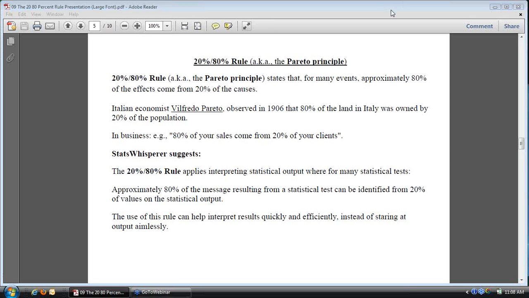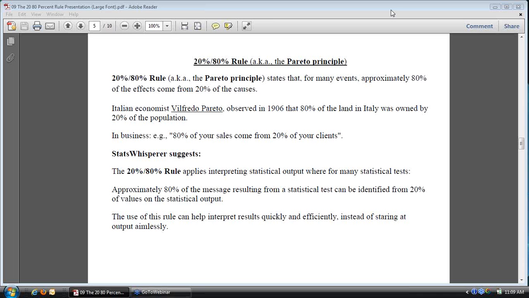It's said to have originated with Italian economist Vilfredo Pareto, who observed in 1906 that 80% of the land in Italy was owned by 20% of the population. You'll see this trend in a lot of places, such as business, where 80% of your sales come from 20% of your clients.